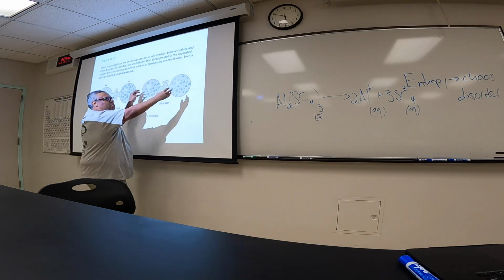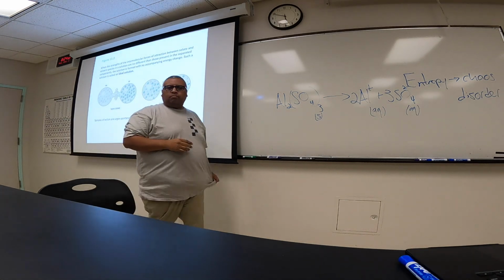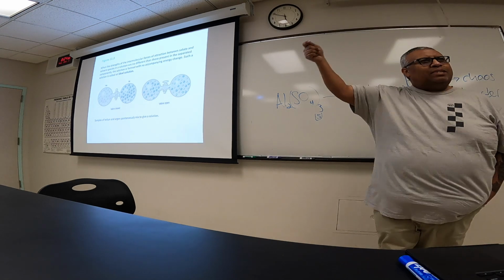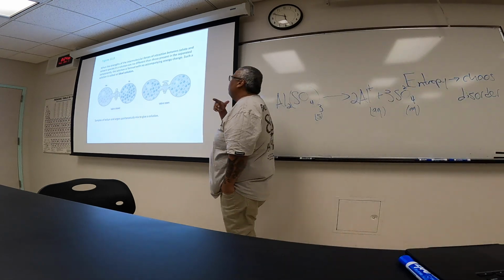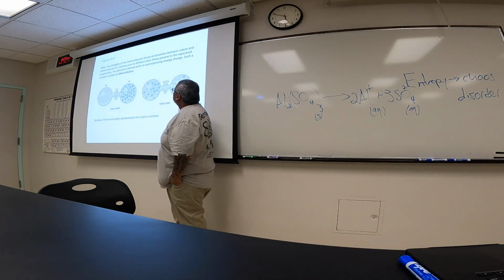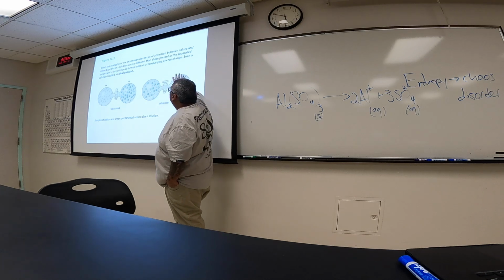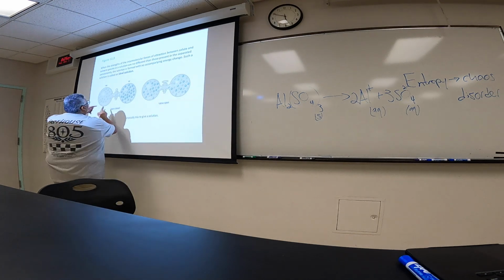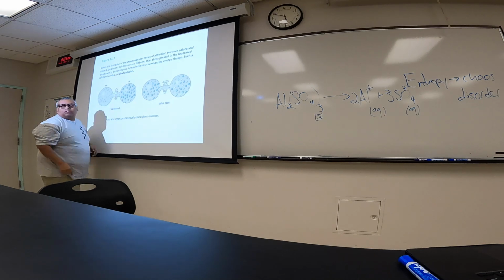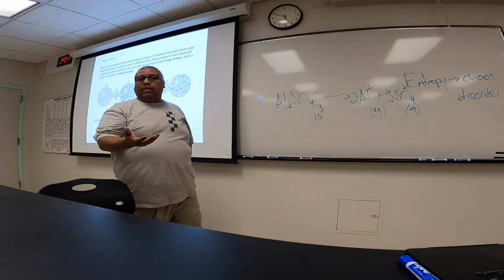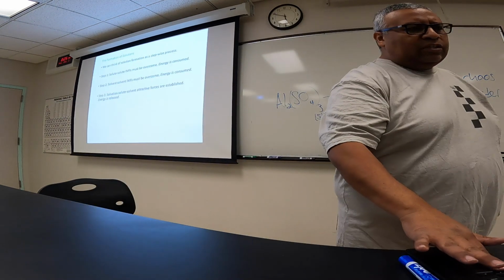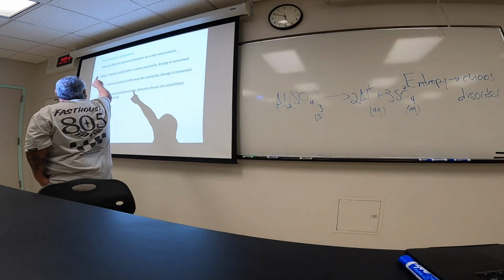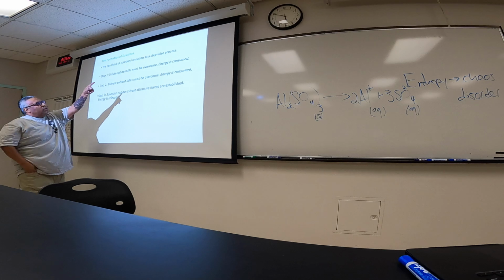But when these mix, exothermic reactions release heat. So if this energy released is greater than the energies required to split these up, it's going to happen spontaneously. And that's what this is stating here. Step one is the solute-solute: those intermolecular forces have to be overcome and we consume energy.